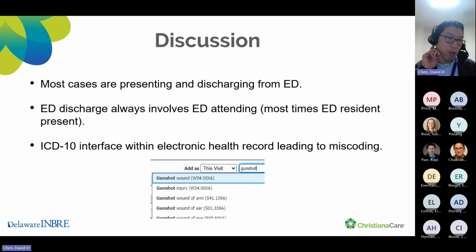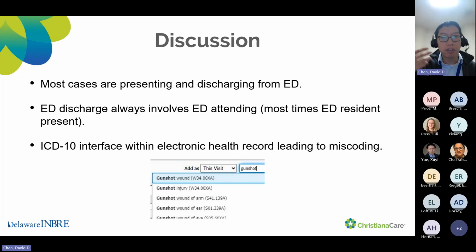And the reason why this is helpful for us is that we can then focus our intervention efforts on trying to improve the ICD coding around the emergency department staffing. That way we're getting those patients that are discharged from the ED for low acuity injuries that may not see the trauma service, where they have more detailed evaluation and perhaps more accurate coding related to the trauma registry or other databases.